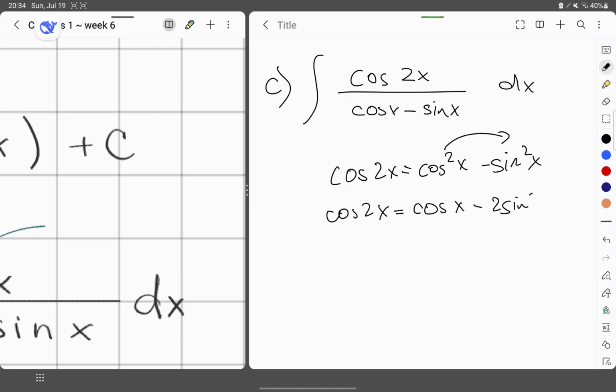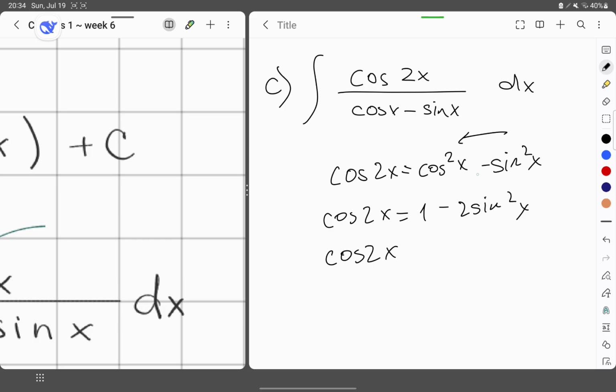Firstly, this one gives cosine 2x will be cosine x minus 2 sine square x. I don't know why, but I remember it like this. Maybe it's not right. Okay, cosine 2x, if this one gives, that will be 1 minus 2 sine square x, or if this one gives 2 cosine square x, I don't know, let's see.